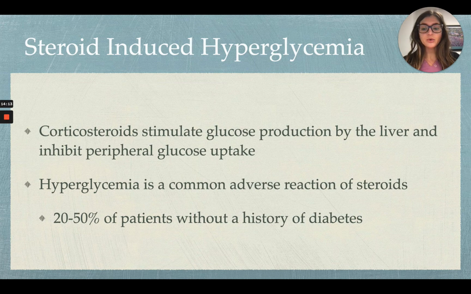And actually about 20 to 50% of patients who do not have a history of diabetes experience steroid-induced hyperglycemia. So it is a pretty common adverse reaction that does happen with steroid medication. And typically once an individual is off those steroids, we see an improvement in their hyperglycemia pretty quickly after their steroid regimen is complete.